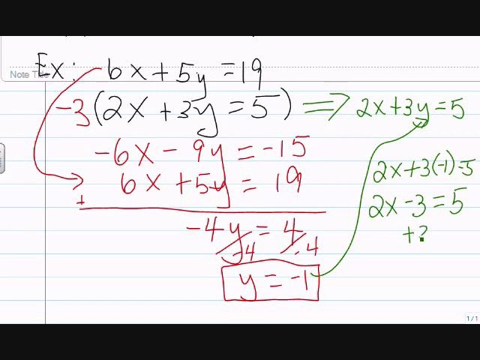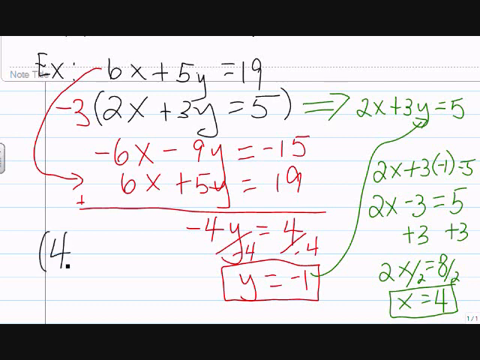Add 3 to both sides of this equation and get 2x equals 8. Divide by 2 and get x equals 8 divided by 2 is 4. So my answer is x is 4, y is negative 1, or I can write this as parentheses 4 comma negative 1.